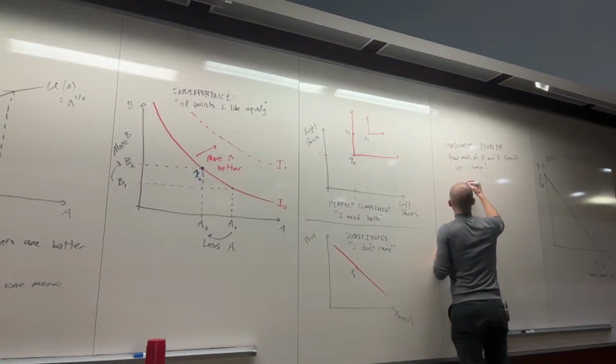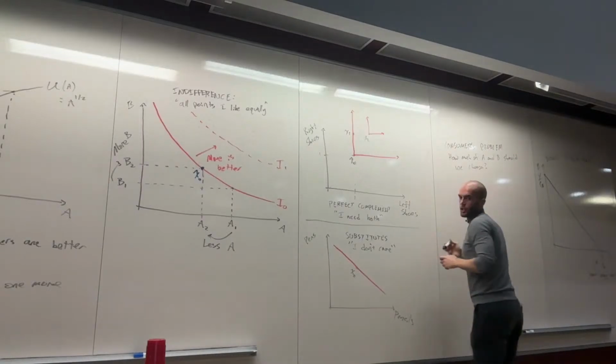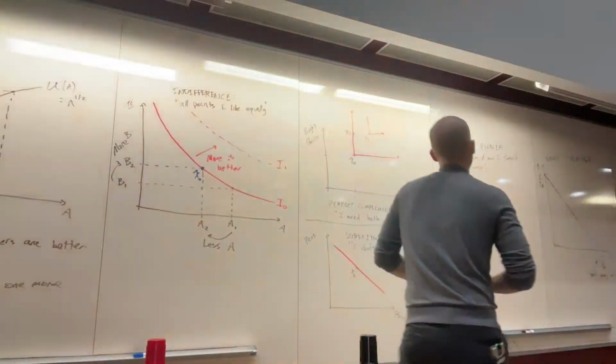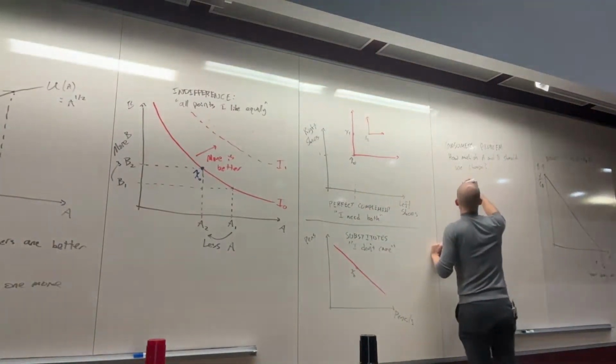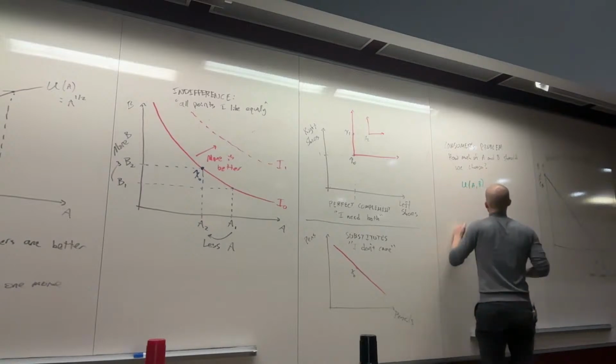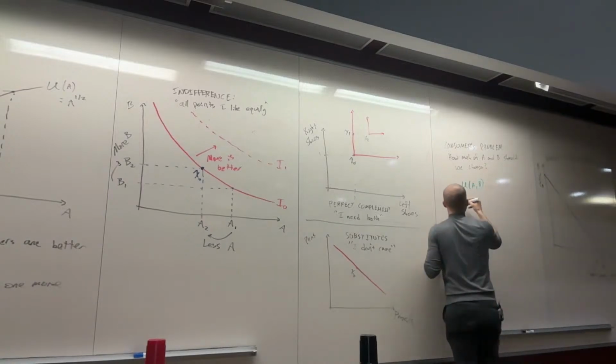For the consumer, we have some utility function with 2 inputs. We have the utility of A and B. We want to maximize this thing.